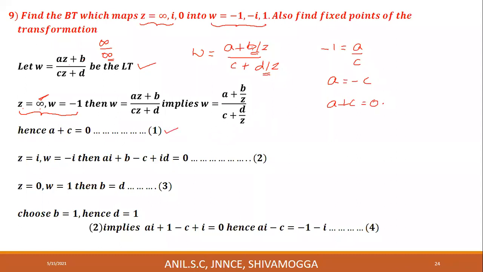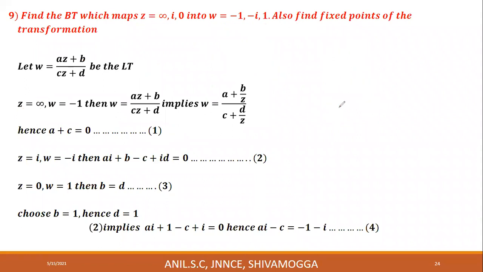First set of points are substituted. Next, let's consider the second set: z equal to i and w equal to -i. Substitute here. Therefore, this expression will be w minus i, equal to az plus b, which will be ai plus b, divided by cz plus d, which will be ci plus d.